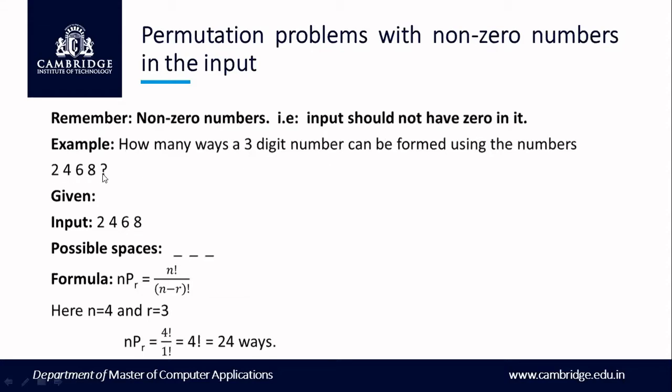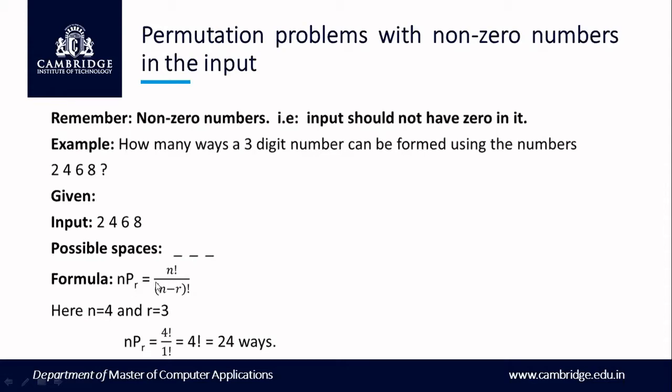What is given in the question? Four digits are given: 2, 4, 6, 8. So n is equal to 4. How many spaces are given? Only a 3-digit number is to be arranged, so the possible spaces are 3: 1, 2 and 3.